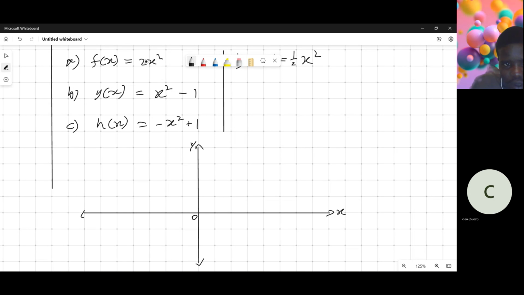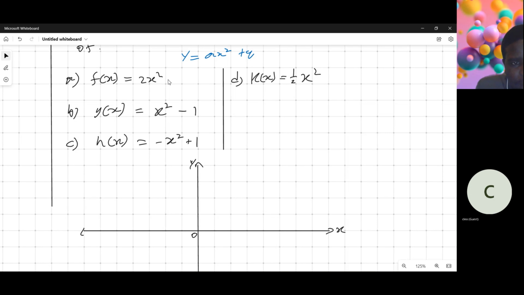So looking at the first graph, f of x, I want to draw it. It's touching the y-axis at 0, since the value of q is 0, it's not there. It's touching the y-axis, meaning it will pass through the origin. Then going back, the value of a is positive, meaning this graph is going to be concave up.